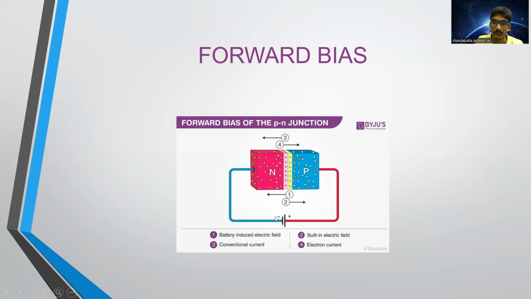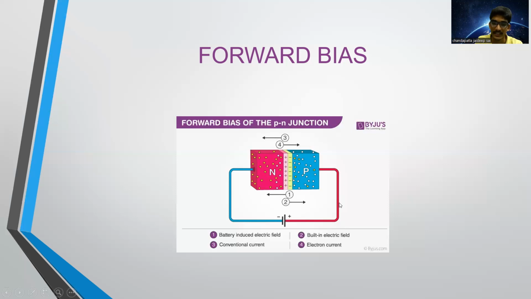Here we have a battery, with its positive terminal and its negative terminal. This positive terminal is directly connected to the P side of the PN junction, and this negative terminal of the voltage supply is connected directly to the N side of the PN junction. So the terminal is positive, and the P side is also positive, so like charges are connected.